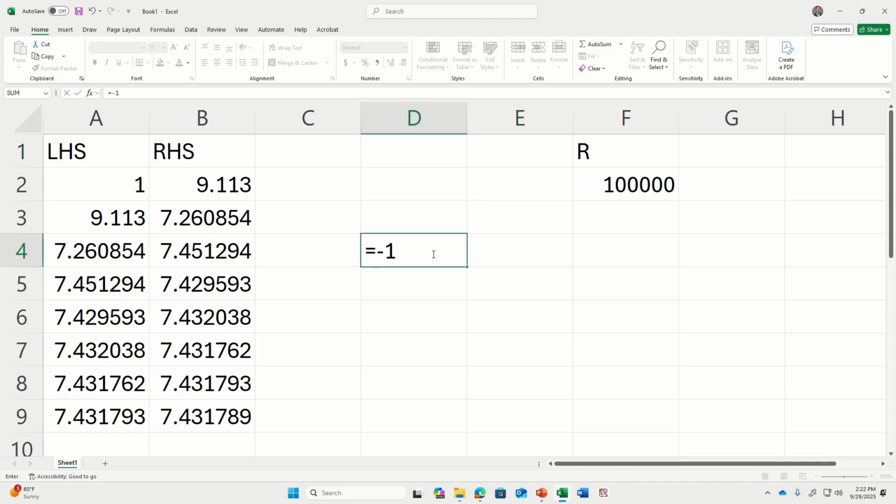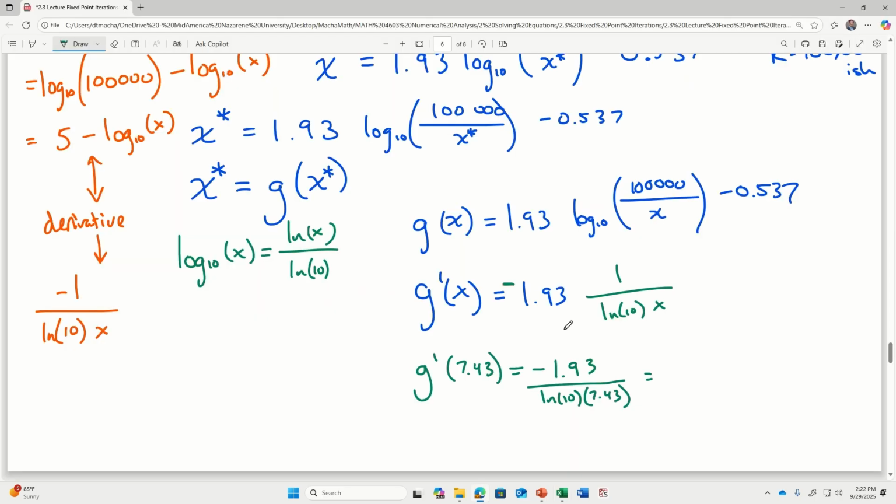It's going to be negative 1.93 divided by natural log of 10 divided by 7.43, right? So it should be negative 0.113. The negative doesn't matter so much because we're about to take the absolute value anyways. But I do care that it's 0.113-ish, because the absolute value then is less than 1. So this is an attracting fixed point.